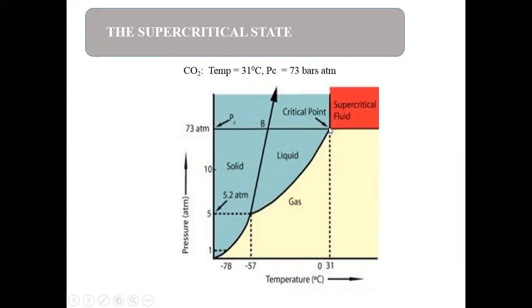This point is known as the critical point. Once the critical point is reached, CO2 is converted into a supercritical fluid. So, phase conversion of CO2 is possible by changing the temperature as well as the pressure.